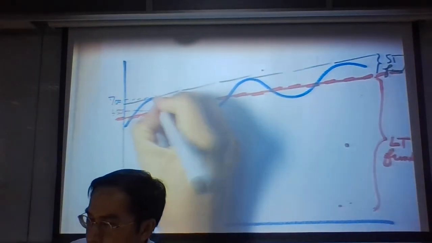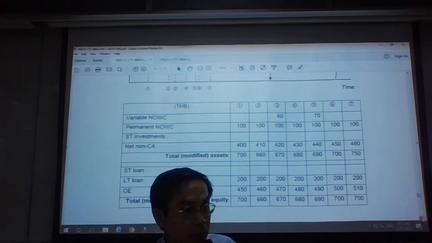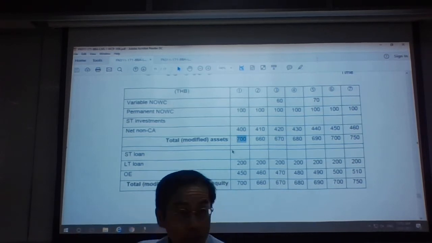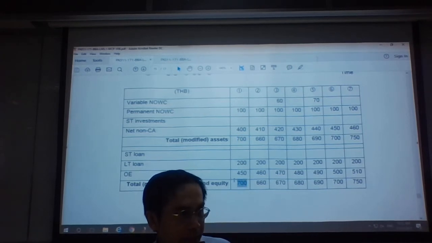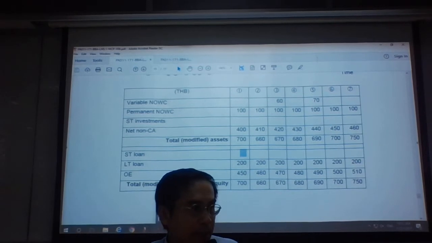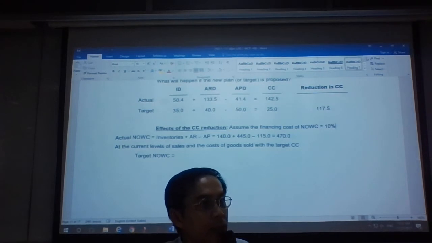So at this point, now, if you take a look at the table again, and then I am going to come back to the graph. Take a look at point number 1. Your total asset is equal to 700. Your total liabilities and own equity must be 700.